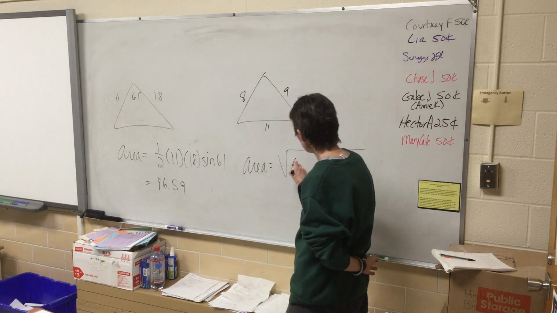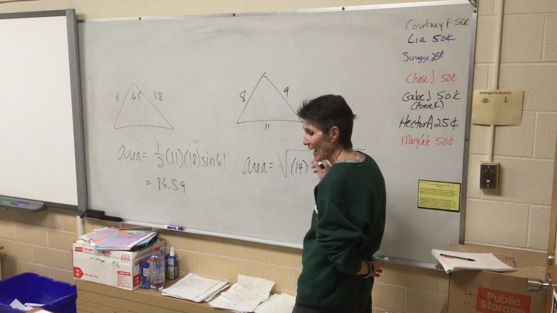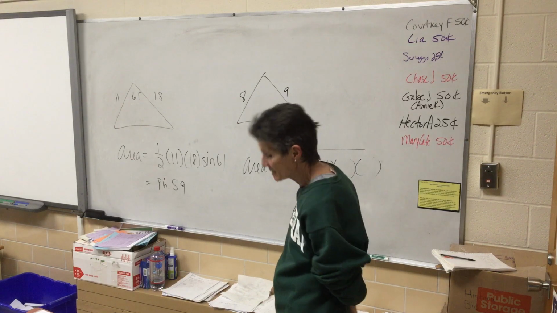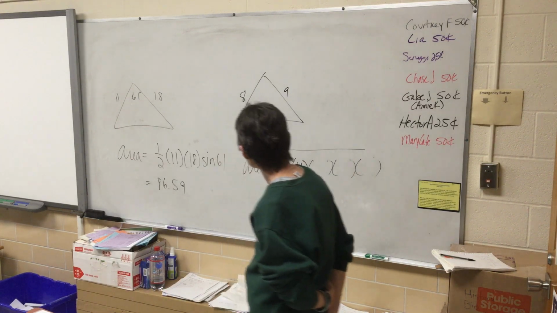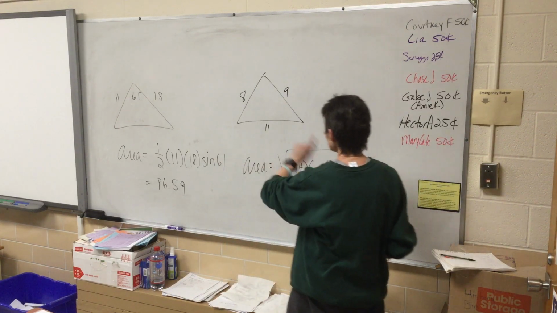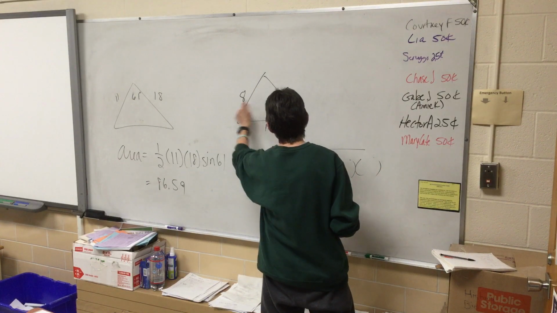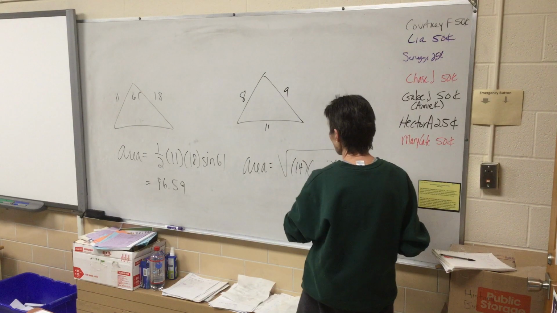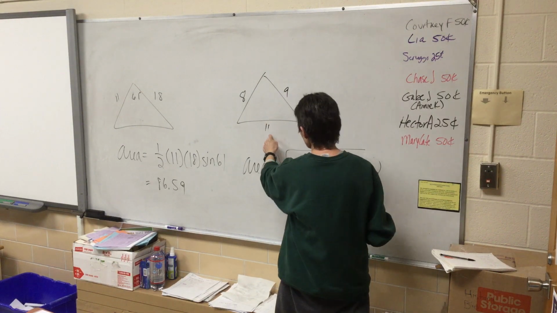So that's the first number in the radical. Remember, there's 4 of them under here. The first one is the semi-perimeter, which is 14. Now, take 14 minus each of these. Do not put these numbers under the radical. It's 14 minus them.